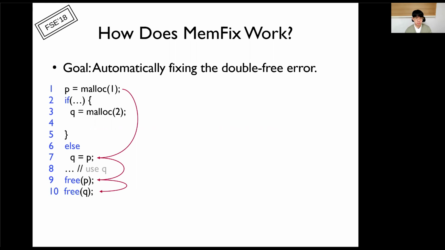More specifically, at line 1, an object is allocated and stored in pointer P. And at line 7, both pointers Q and P refer to the same object, that is later deallocated twice at lines 9 and 10, causing double-free errors. The goal of MemFix is to automatically fix these double-free errors.